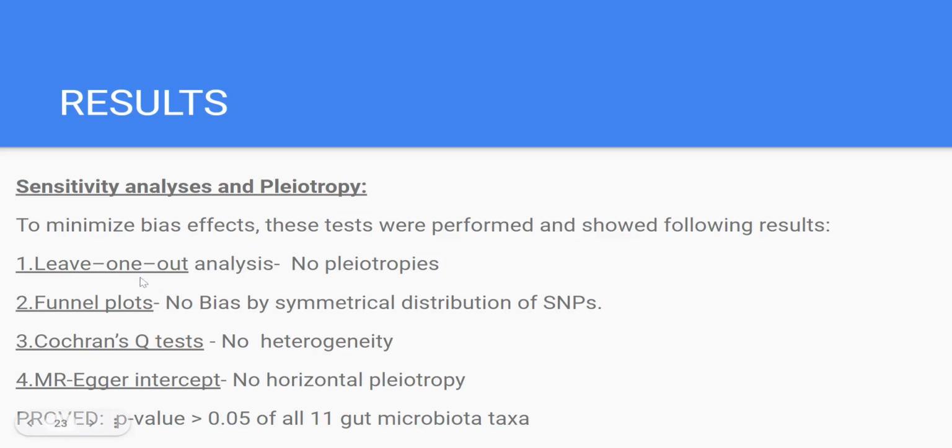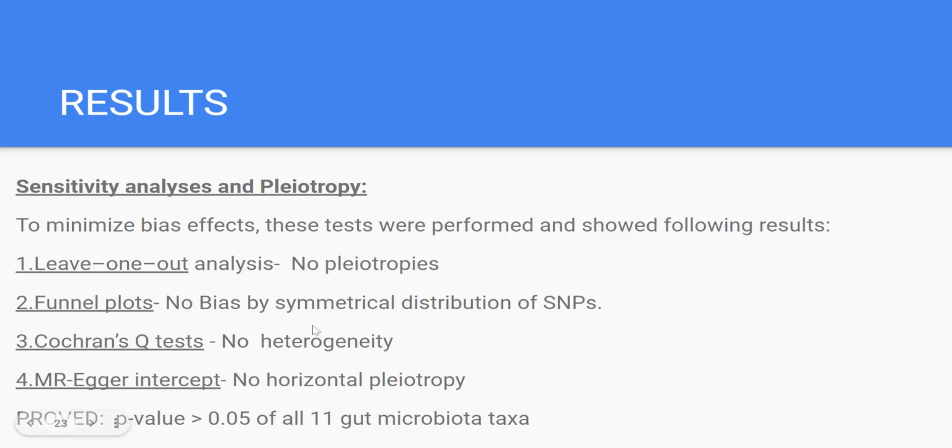Leave-one-out analysis was the first one, and it proved that the 11 taxa do not have pleiotropy in the instrumental variables. Then the funnel plots indicated that there is no bias being caused by SNPs, single nucleotide polymorphisms.